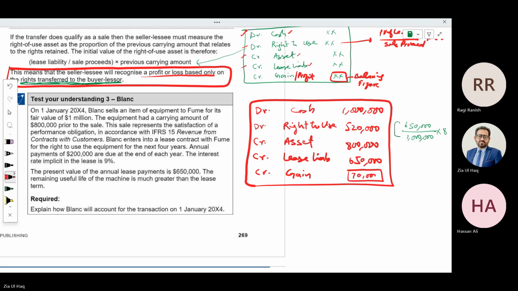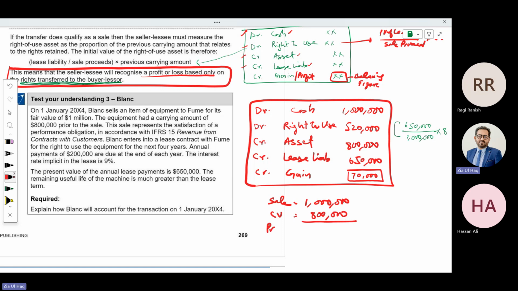Is that 70,000? Okay. Now, if you see, the asset carrying value was 800,000 in our books. We sold it for 1 million. So the sale proceeds were 1 million, but its carrying value was 800,000.